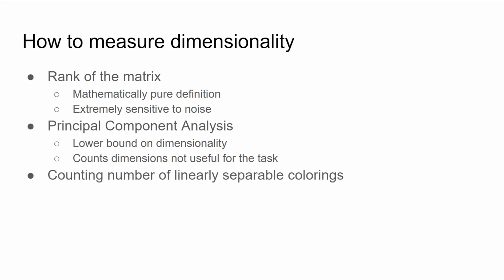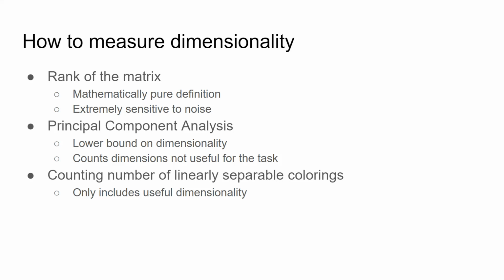So their metric is to exactly count the number of ways you can color the data that results in something that's linearly separable. And I have another slide on this, so if it's still a little confusing, this is quite possibly the most complicated metric I've ever seen for dimensionality in terms of implementation, but it sounds really nice at least.